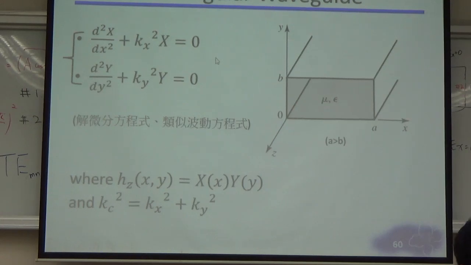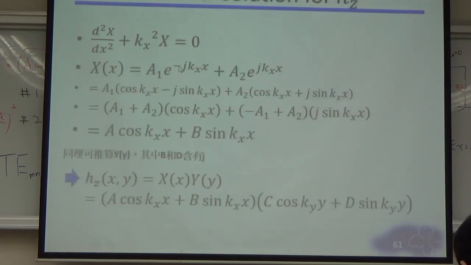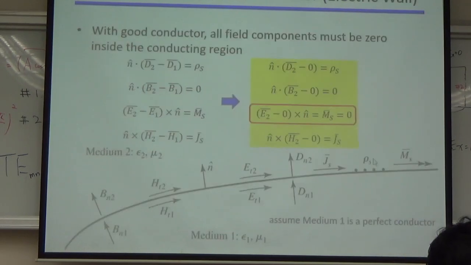We know the answers for X and Y are similar to our wave, so we also apply Euler's rules to separate the cosine and sine parts. Do the same thing here, so your h equals AB multiplied by CD.